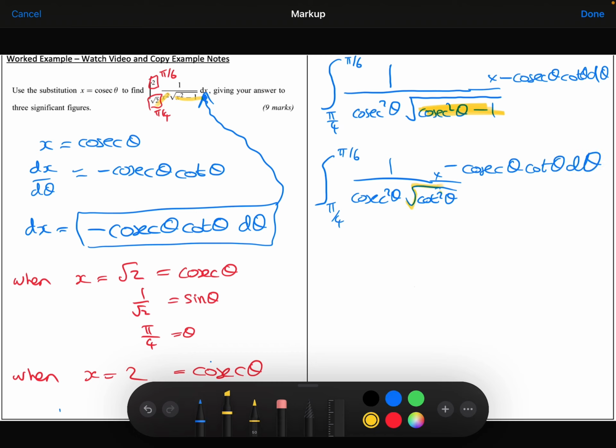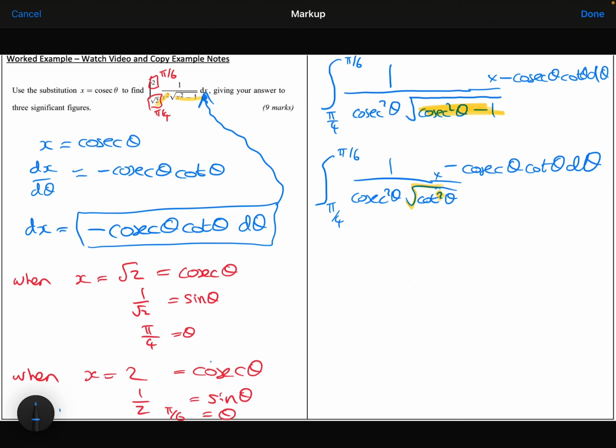Now the square root of the square is going to cancel out. So that's just going to leave me with a denominator of cosec squared theta cot theta. On my numerator, I've got the 1 times the minus cosec theta cot theta d theta.